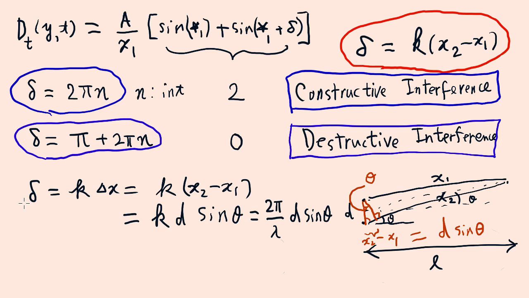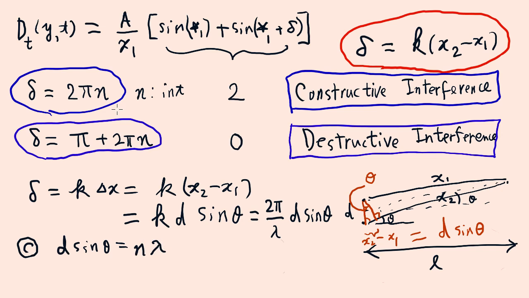Okay, so now we look at this, and then we look at those two conditions there for the constructive interference and destructive interference. We can rewrite constructive interference in terms of d and lambda. So what is it? d sine theta equals n lambda.